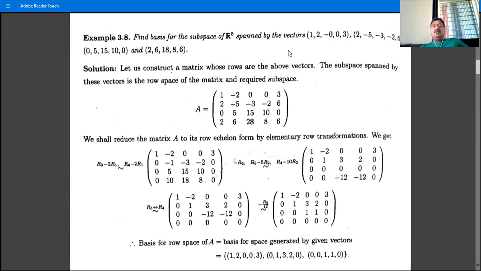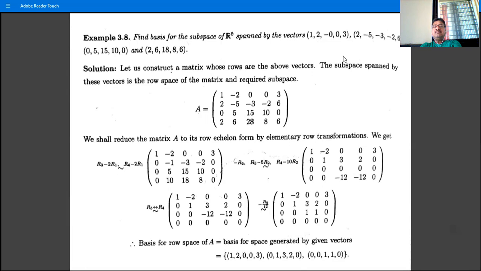So in order to find a basis for the subspace spanned by these vectors, we have to find the row space of this matrix A. This example shows how to find the basis for the subspace or vector space spanned by four vectors, or five vectors, or three vectors.